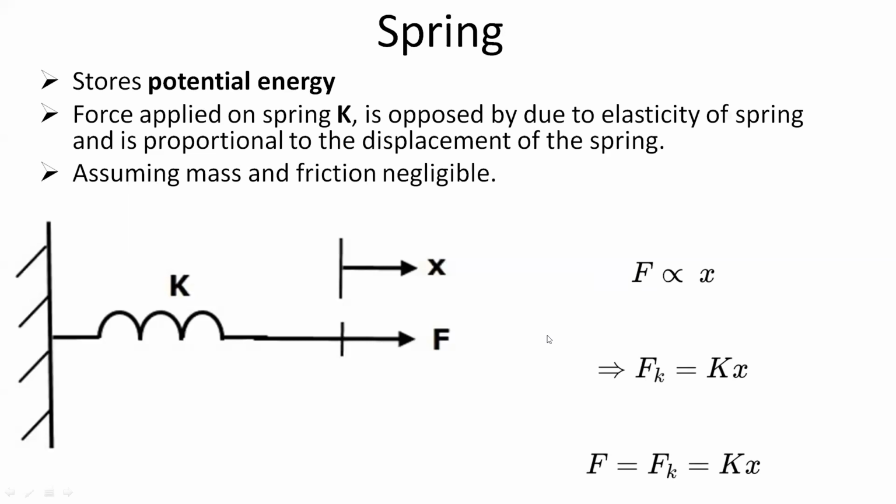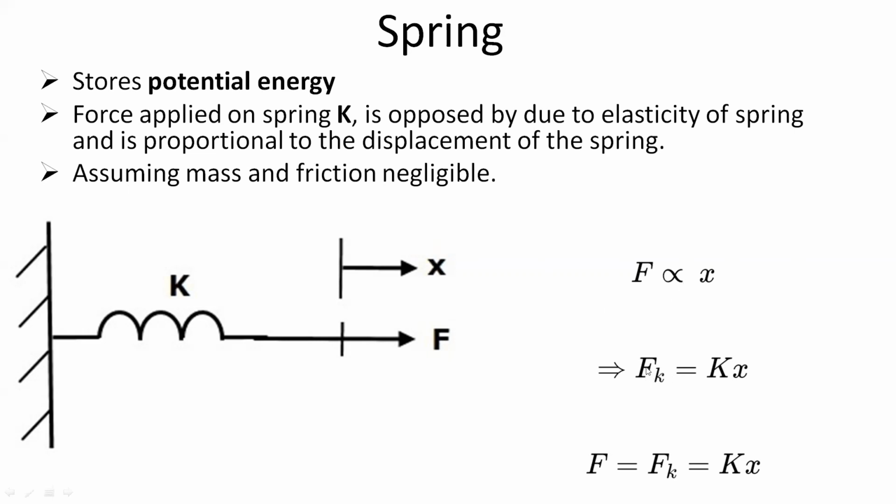The spring is an element which stores potential energy. If a force is applied to the spring K, then it is opposed by an opposing force due to elasticity of the spring. This opposing force is proportional to the displacement of the spring. Assuming mass and friction are negligible, force is proportional to x, again displacement.